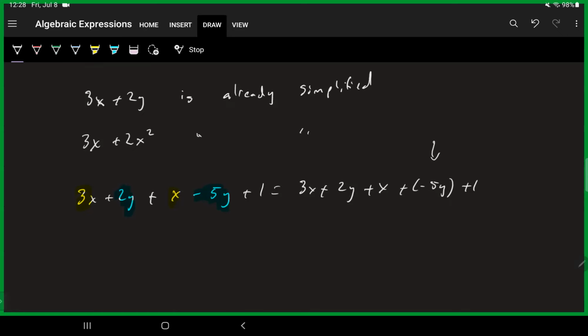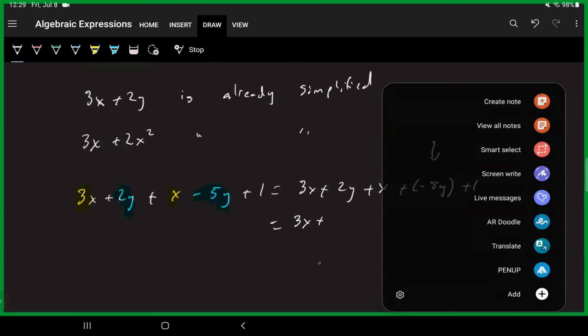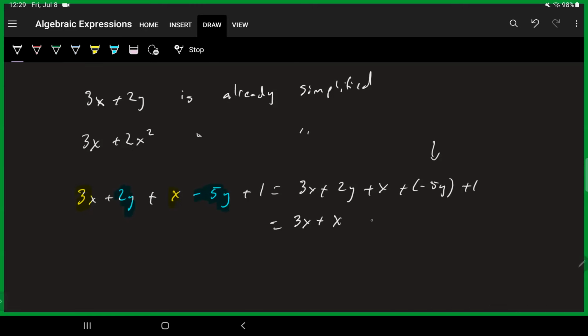That's going to help me when I use the commutative law because subtraction doesn't commute, but addition does. Oops. Let me do that correctly. So sorry about that. 3x plus x plus 2y plus negative 5y plus 1.